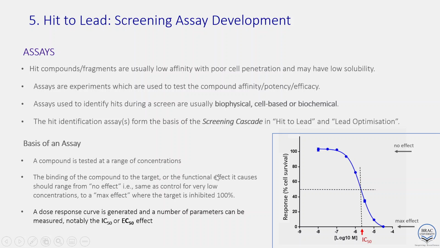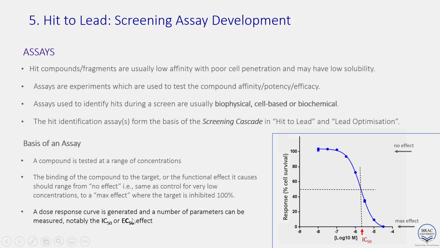By testing them at different concentrations, we can find their dose response curve. From that dose response curve we can find their potency. That's the IC50, the inhibitory concentration where 50% of the target is inhibited, or AC50, where 50% of the target shows effective activity.